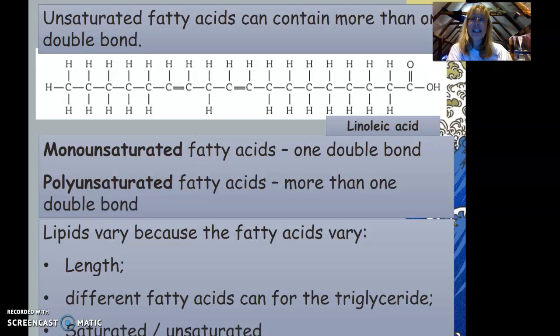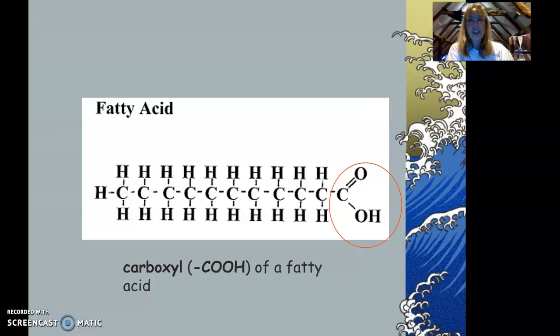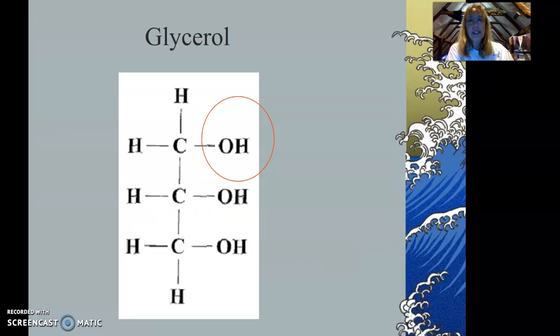And then also some can be saturated, some can be unsaturated, and they could be mono, di or poly unsaturated. Right, so what I'd like you to do, I'm just going to go back for a moment. I'd like you to copy down the glycerol, pause, and then restart and copy down the next slide.